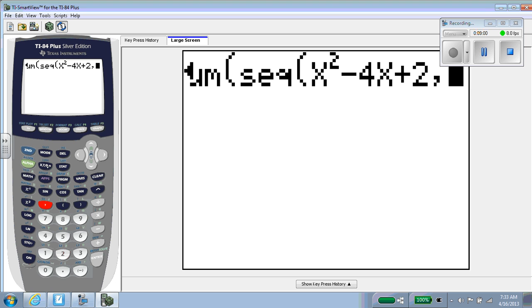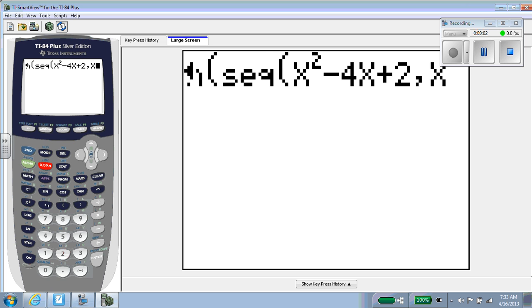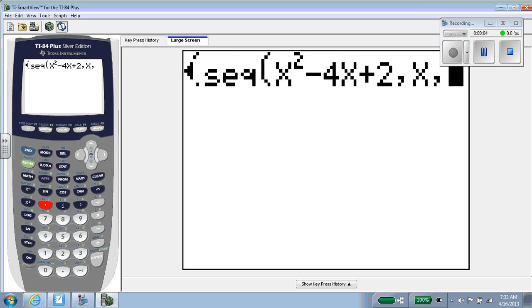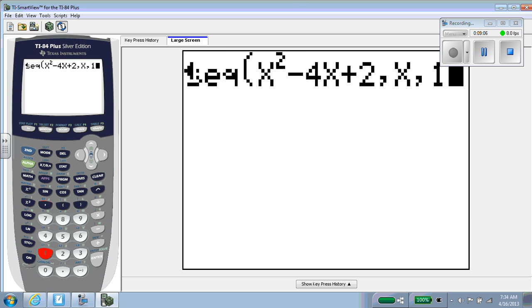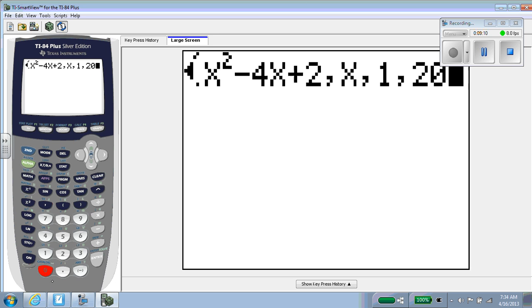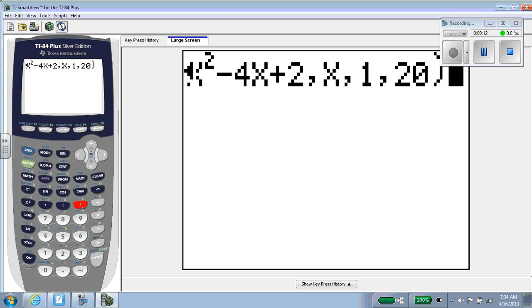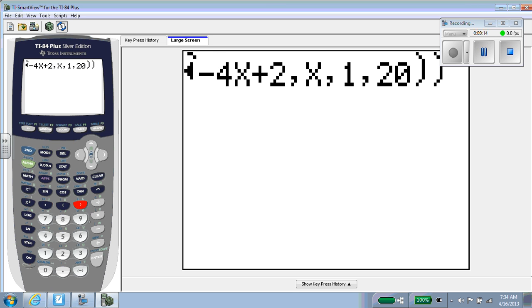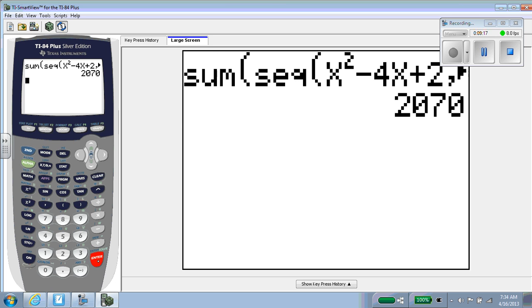The variable I used was x, not n. Another comma. My index started at 1, and then a comma. And my index ended at 20. And even though this problem would be horrific for me to do longhand, my calculator says, okay, the answer is 2070. Okay, give it a try.